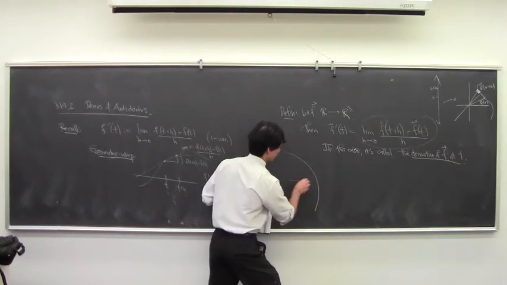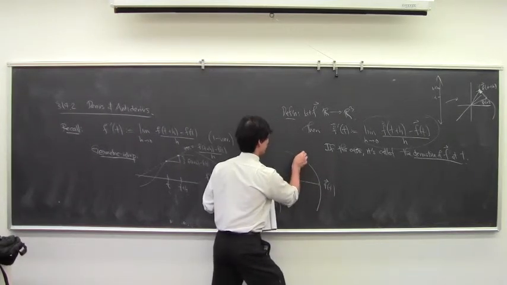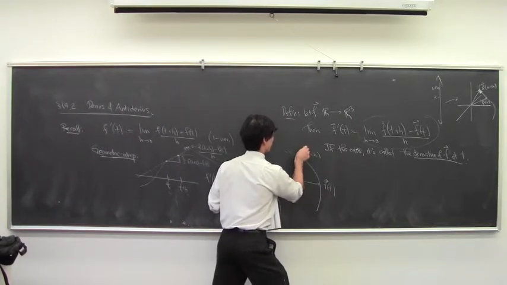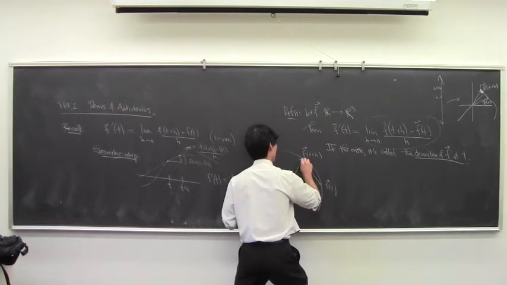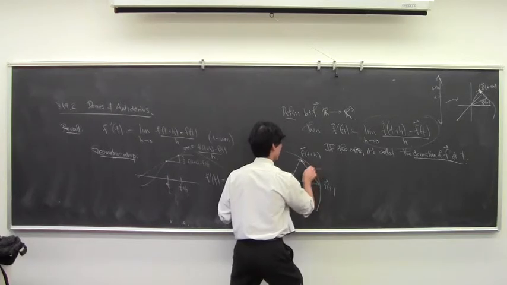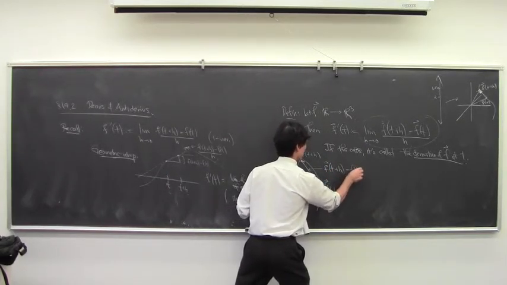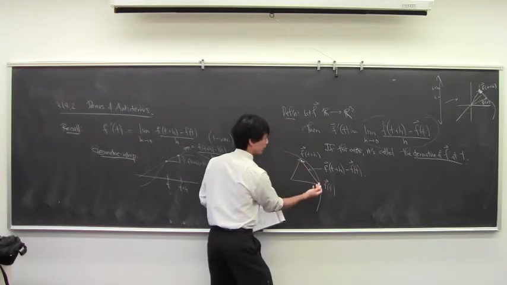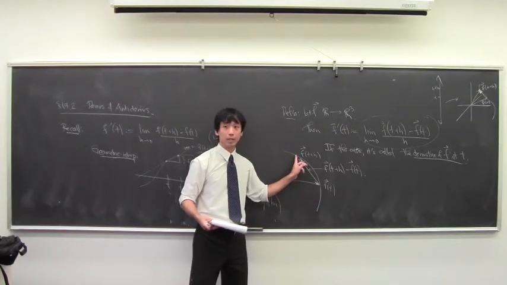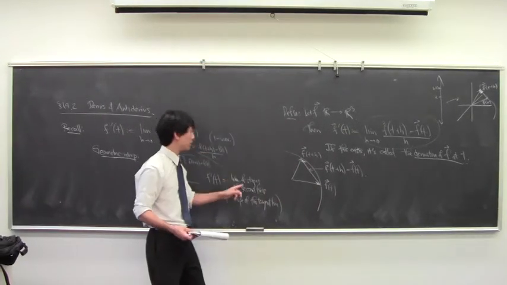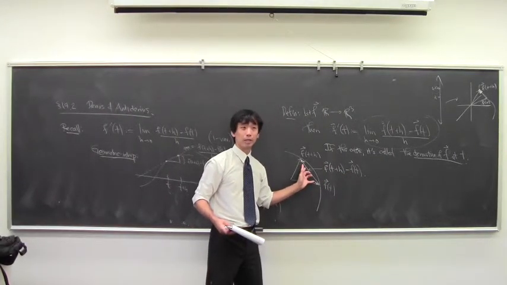Here's f of t, here's f of t plus h, and this is your difference, f of t plus h minus f of t. The difference is this vector going from the first to the second, and then you divide by h.